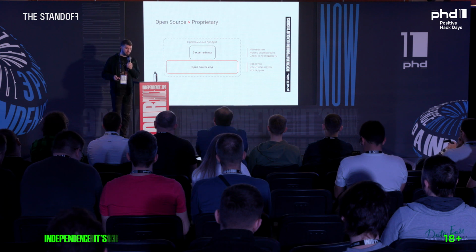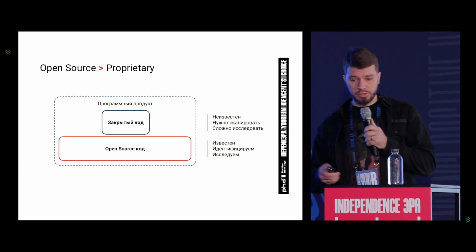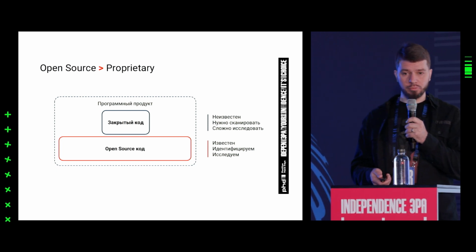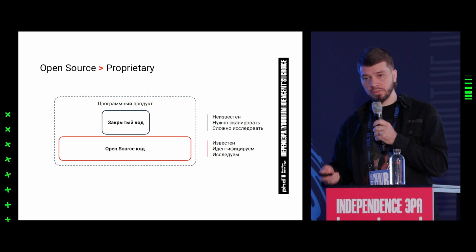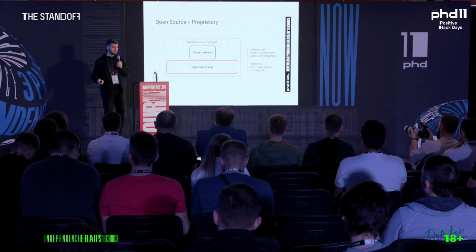According to TideLift, 92% of proprietary projects make use of open source code, which is a big number. So this is how we come up with this pyramid, with open source at the basis, like a platform, really, a foundation, I would call it, and we have closed code on top of it.